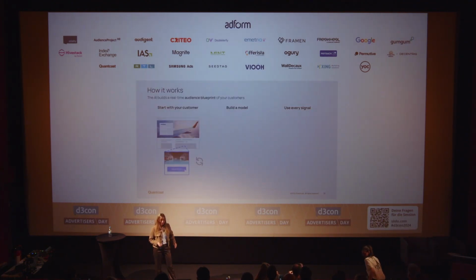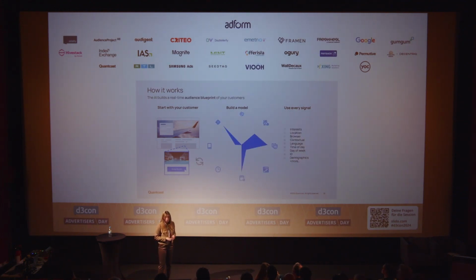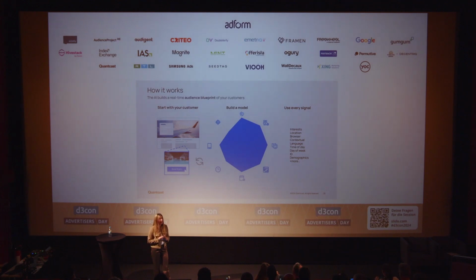And to make it a bit less abstract, let's take a travel client, an airline. What that means, what I just explained, is that the model sees who is currently booking on your website and uses that as the blueprint, and then builds this model with the different signals and is able to use whichever signal is available in that moment.